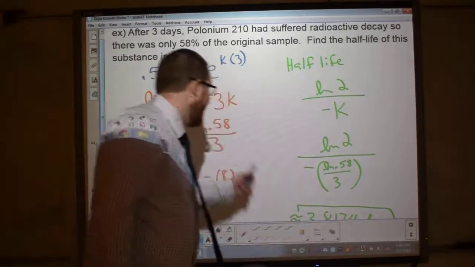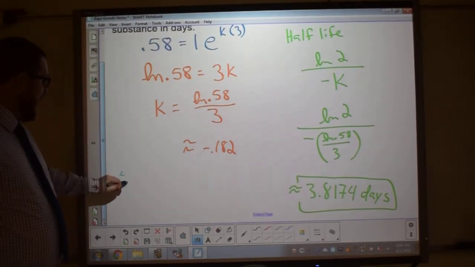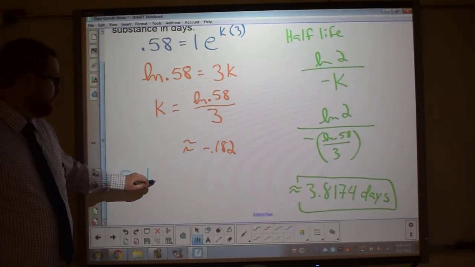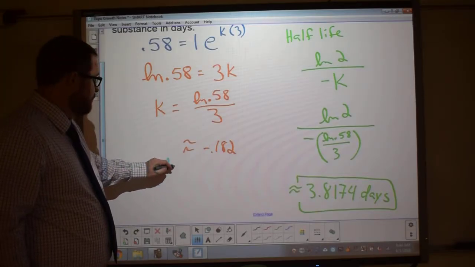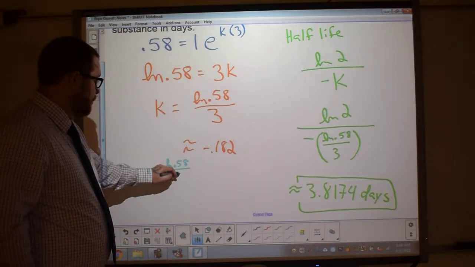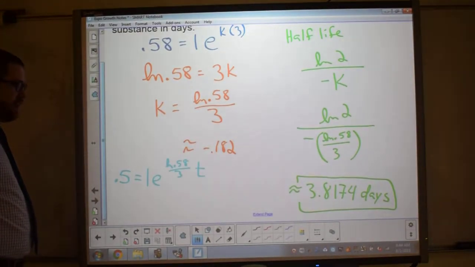If you know what K is, you could go back to the original problem and say half the original amount equals e to the K, where K is natural log of 0.58 over 3, times T. And you could solve for T that way.